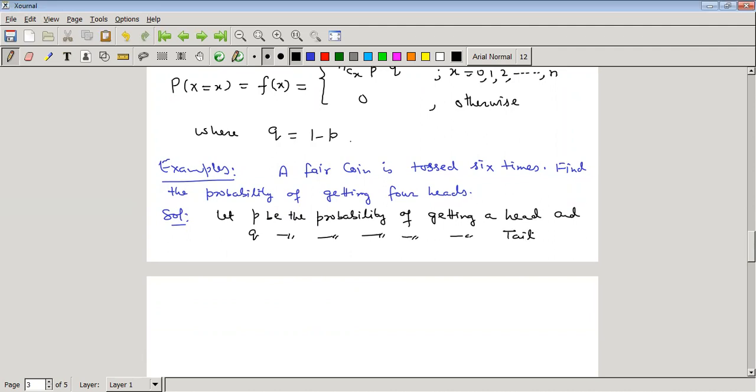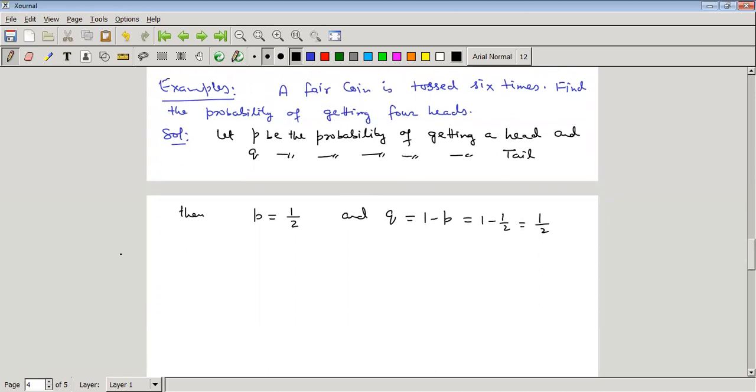Tail means not head, right? Then p is equal to 1 upon 2. If we toss a coin, the probability of getting a head is 1 upon 2. And q is also equal to 1 upon 2, that is 1 minus p. So 1 minus 1 by 2 is again 1 by 2. Now how many times do we toss the coin? 6 times. So the number of trials n equal to 6.